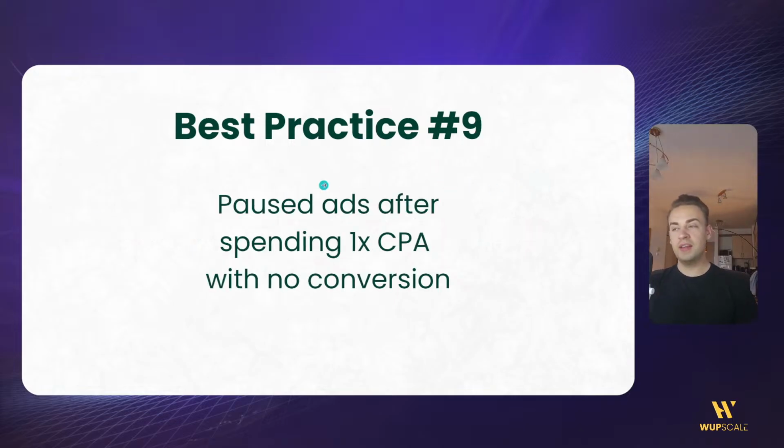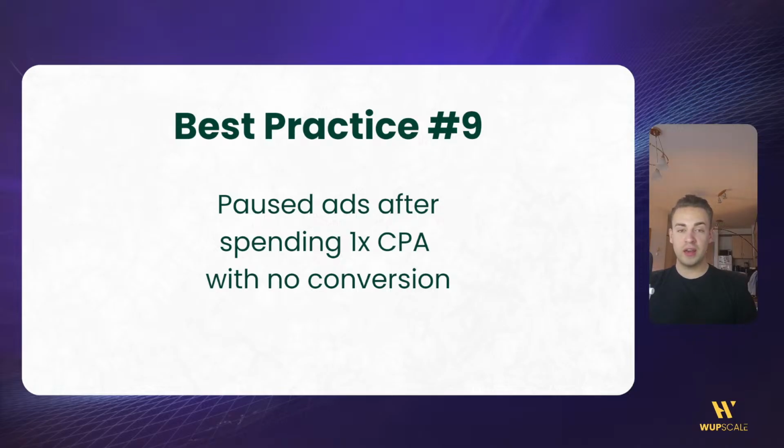Number 9 is pause your ads after spending one-time CPA with no conversion. So if you have a new ad set and your usual CPA, cost per acquisition, is $15, make sure to pause your ads if they spend $15 or $20 and they still have no conversions.